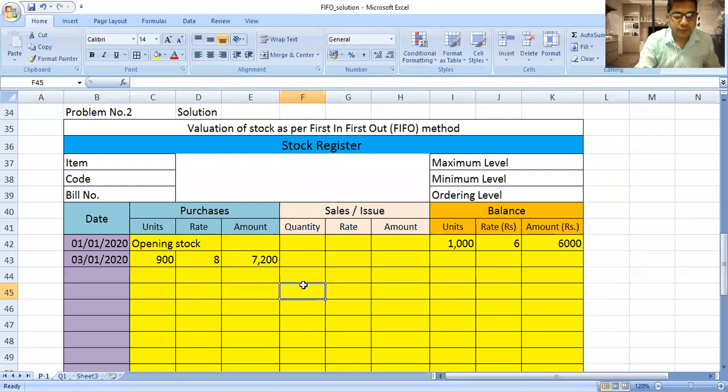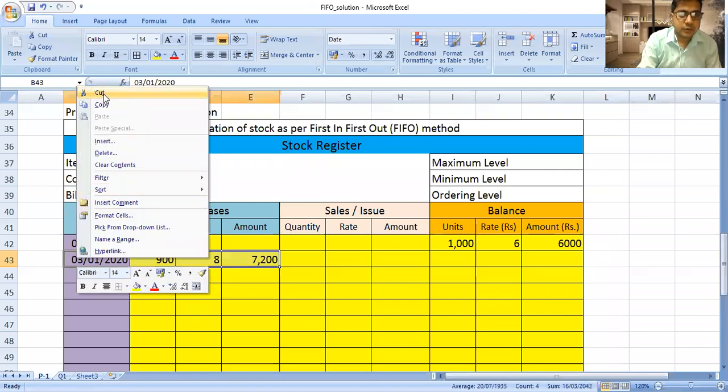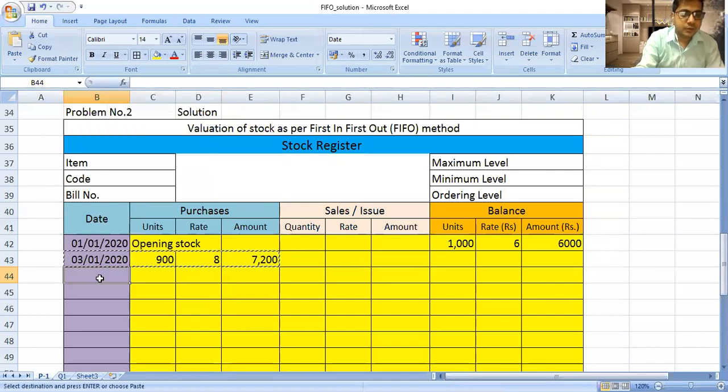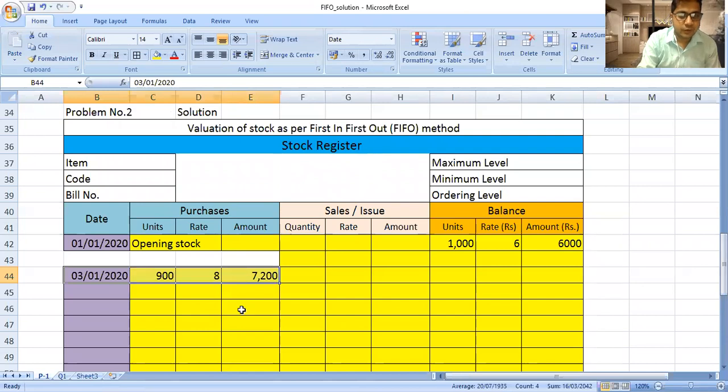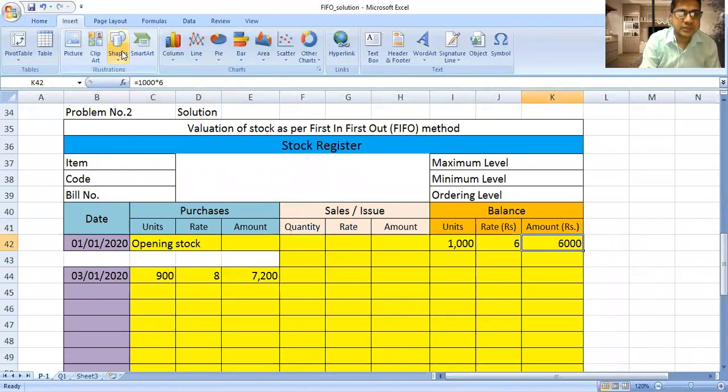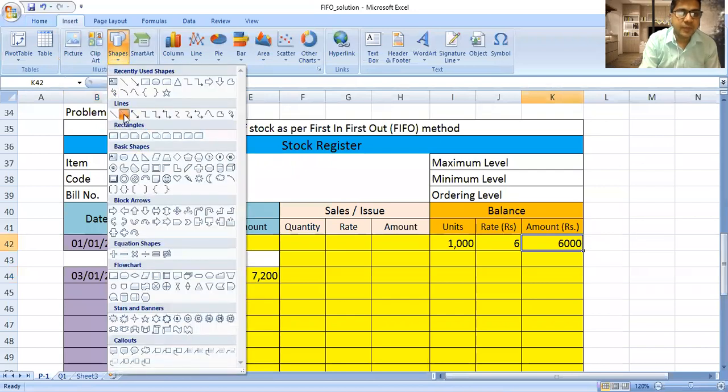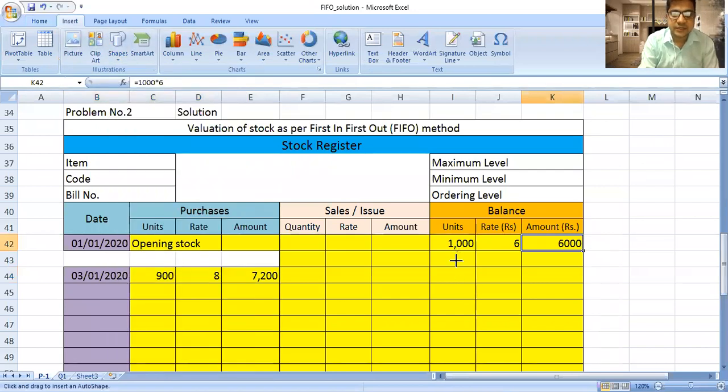Now friends, on this particular date we purchased 900 units and this value is 7,200. We already have 1,000 units, their rate is 6 and their value is 6,000. This particular purchase we have to keep as it is in the next row also.